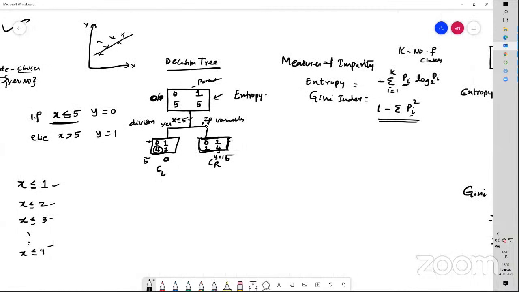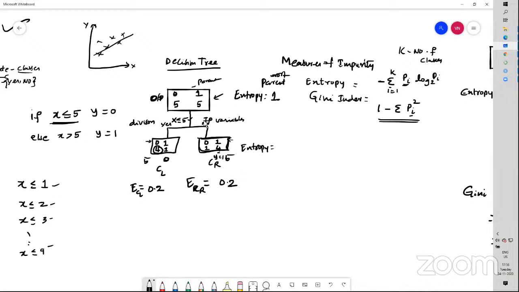Now, whenever we are generating a rule, we need to generate a rule that gives maximum separation between the entropy at the parent node or the root node versus the entropy at the child node. So entropy at the parent node here is 1. Let's say entropy at the left hand child ECL is 0.2, entropy at the right hand side child ECR is 0.2.